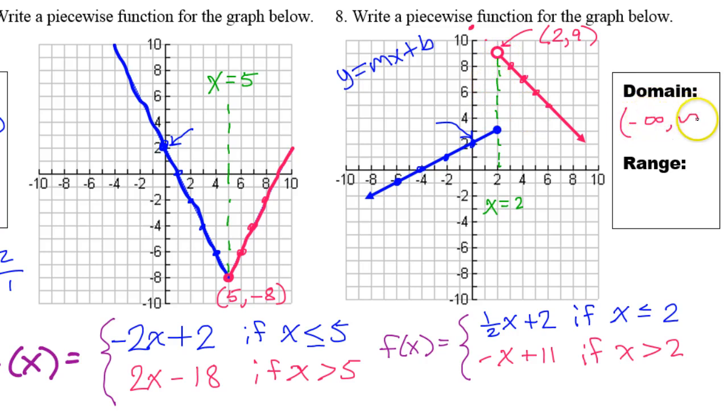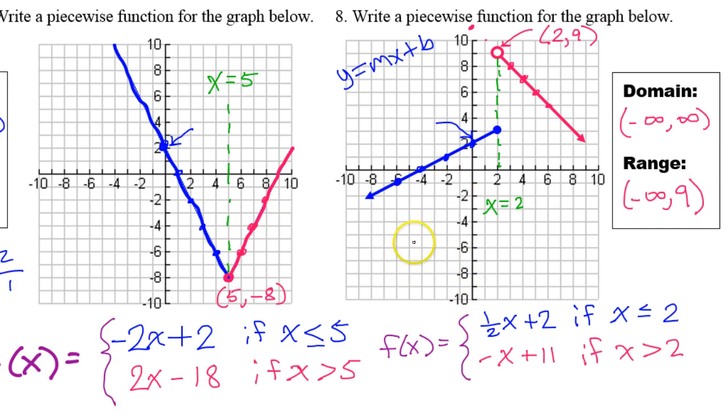So that's negative infinity to positive infinity. The range is y values from bottom to top. So it goes down forever, so that's negative infinity, up to a height of 9. Now, 9 itself is an open circle, so I'm going to leave this round instead of square like I often do.